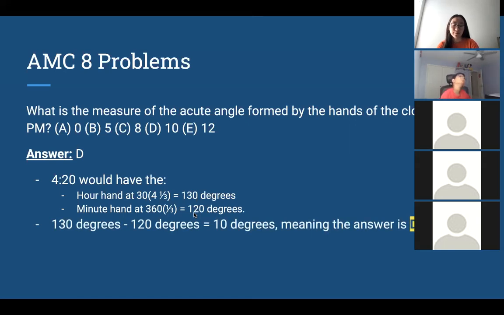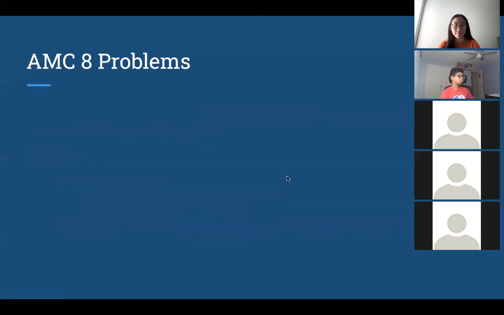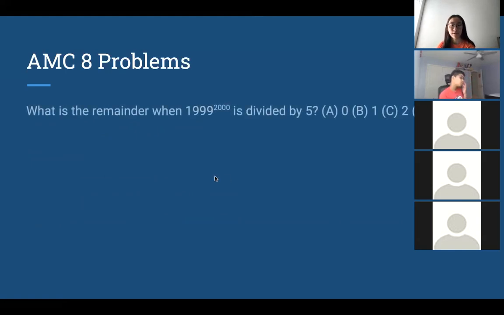So 130 degrees minus 120 degrees equals 10 degrees. So the answer here is D. Clock problems are basically half thinking, half just remembering these rules so you can do it faster. Although it's also pretty easy to derive the rules yourself if you put some time into it. Okay.